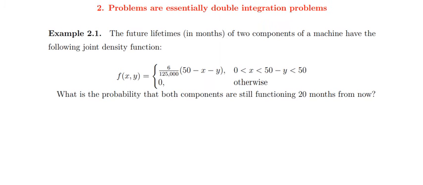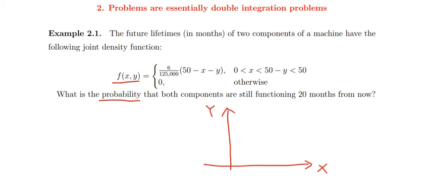For this one, suppose we have this joint density function, and we want to find the probability that both are still functioning 20 months from now. So this is x, this is y.